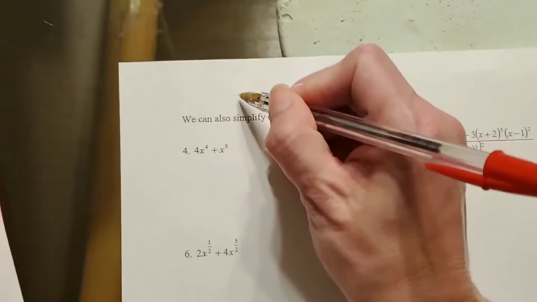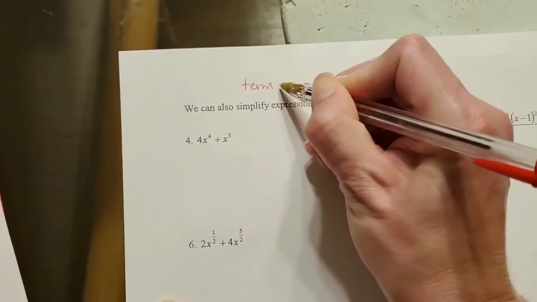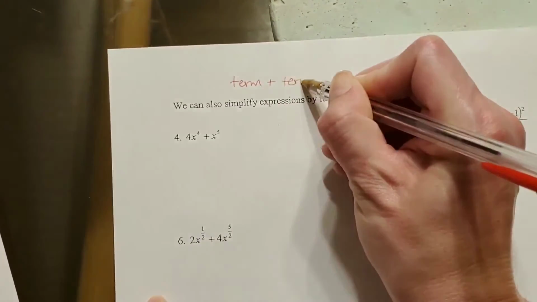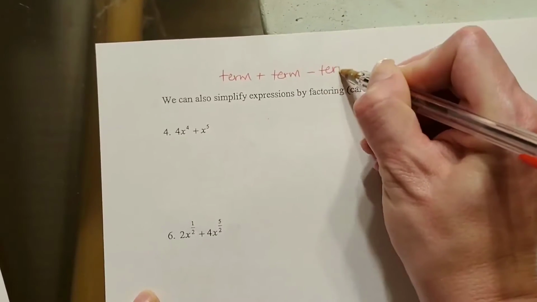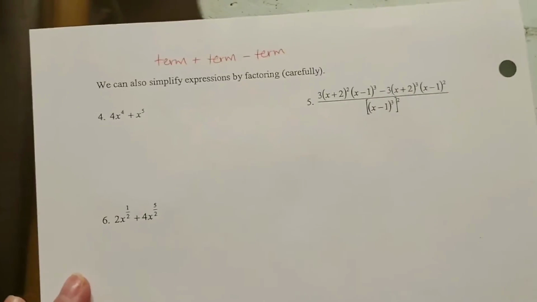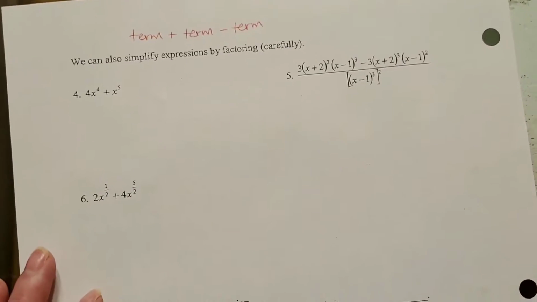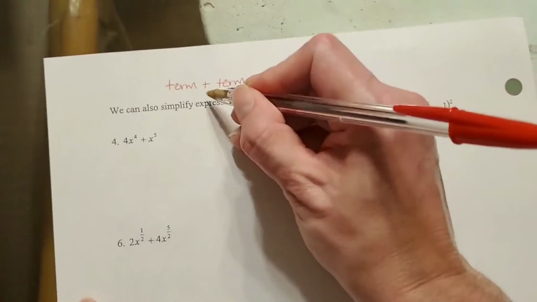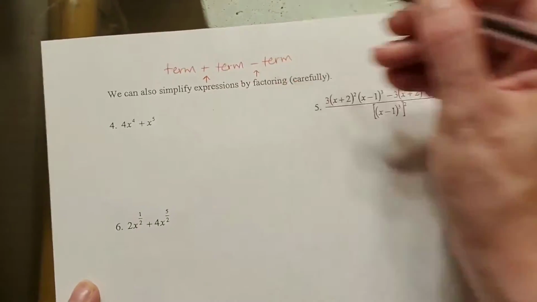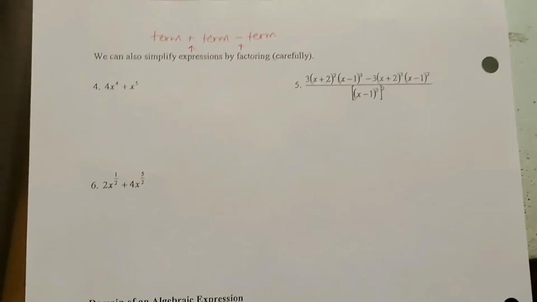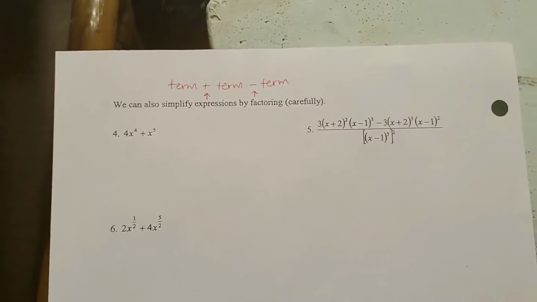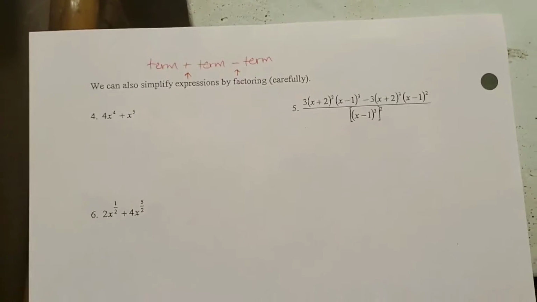Terms are going to be separated by your addition and subtraction signs. Term plus minus term. Okay, so you need to look for the addition and the subtraction signs to help you compare what you have and what you might be able to factor out of each term.